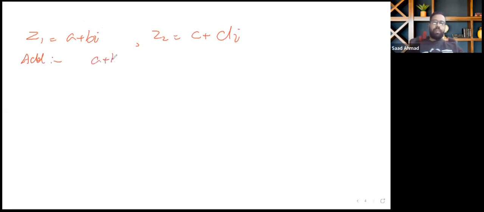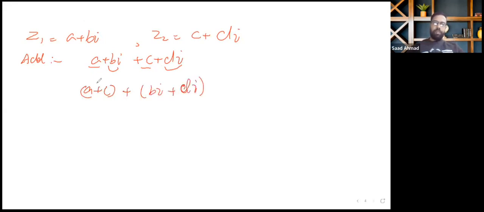So A plus BI plus C plus DI. The I terms will add up, and the numbers without the I will add up. So it will be A plus C plus BI plus DI.